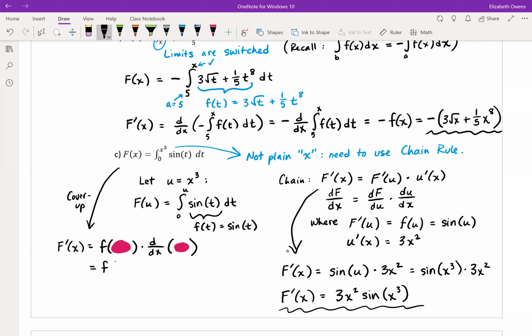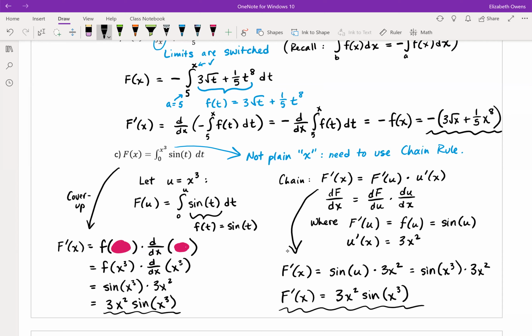And so you would say, okay, this is little f of x cubed times the derivative with respect to x of x cubed. And that's when you would use your f of t equals sine t. So f of x cubed is going to be sine x cubed. And then the derivative of x cubed is 3x squared. And so we would ultimately end up in the same place there, 3x squared sine of x cubed.